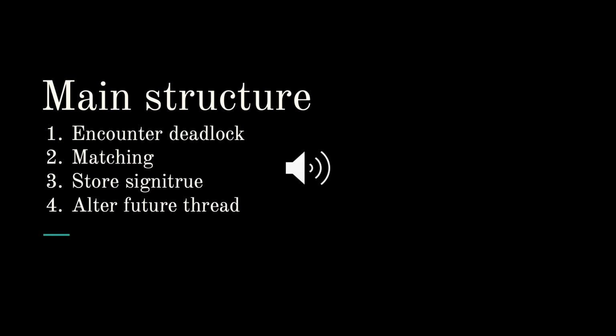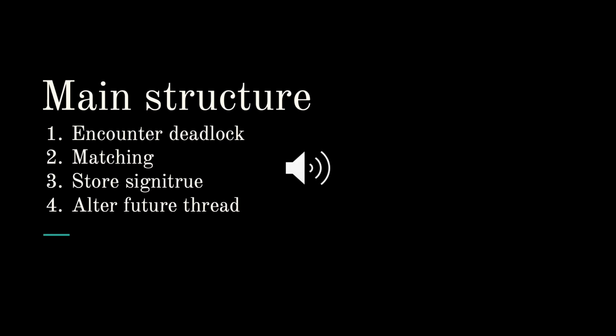The advantage of Dimmunix is that it can match a newly arriving deadlock against its history library to avoid the same deadlock happening. It is a learning process, so it cannot prevent deadlock fully.